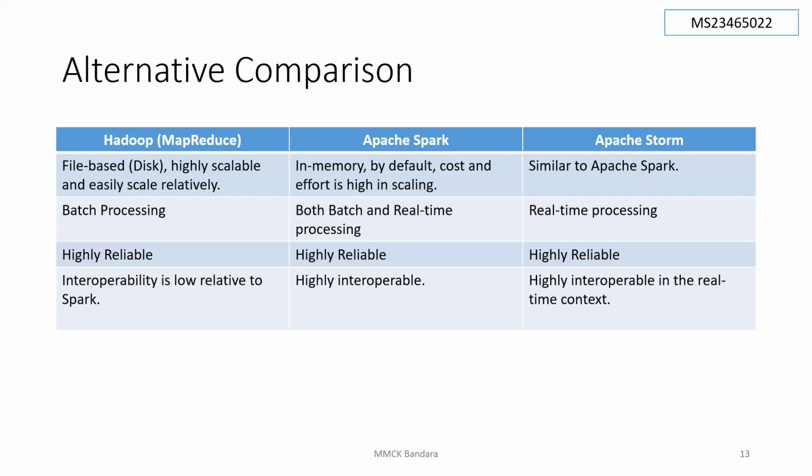Apache Spark stands in between Hadoop and Apache Storm. It has both batch and real-time processing capabilities while providing a highly reliable and interoperable environment for the external applications.